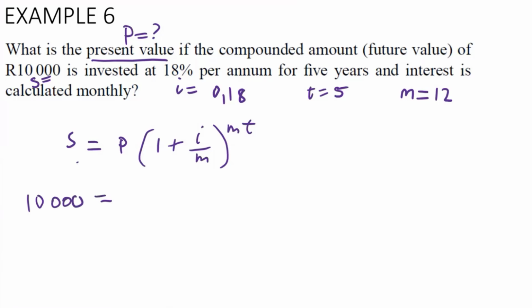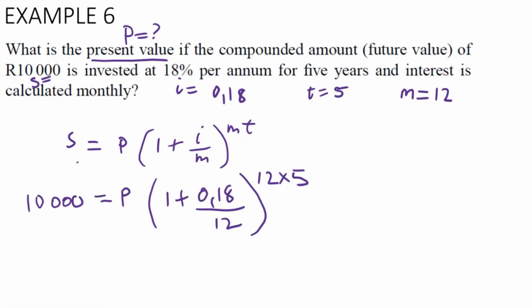Read the question so that you don't substitute incorrectly. 1 plus your I, which is 0,18, over our compounding periods, which is 12, to the power 12 multiplied by T. Our T here, we are told, is equal to 5 years.